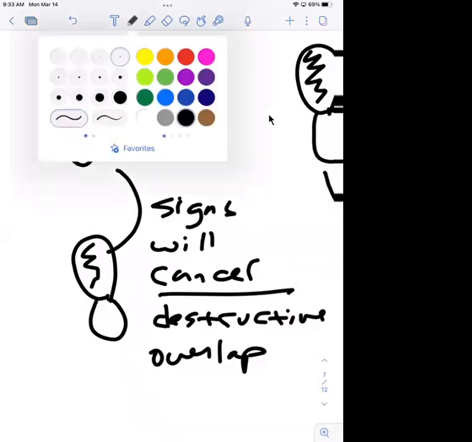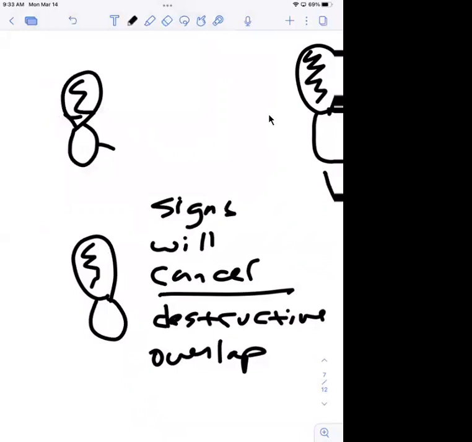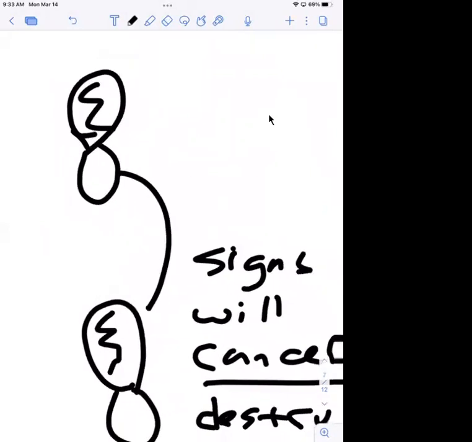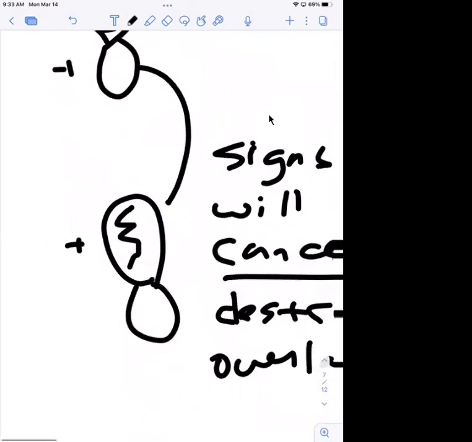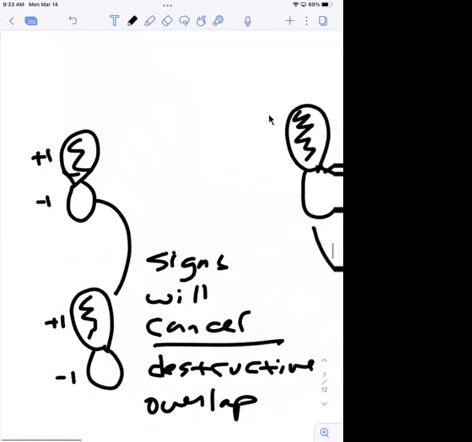So if I look at these two orbitals, let's say just for the sake of argument, that each lobe is +1 or -1. Let's say the shaded is +1 and the unshaded is -1. And this is +1 and this is -1. When I take +1 and -1 and try to overlap them, I'm going to get 0.